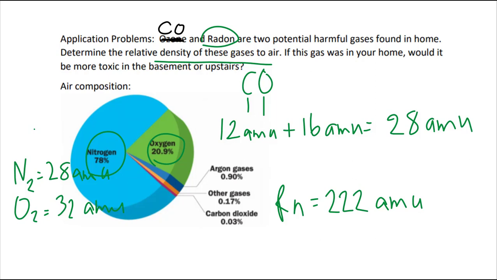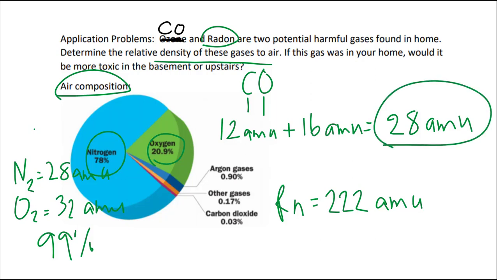So if we compare 78, 88, 98, almost 99% of our air, because we said this is our air composition, 99% of our air, we can see the density is between 28 and 32. So carbon monoxide's density, about 28, is right in the midst of all of that.